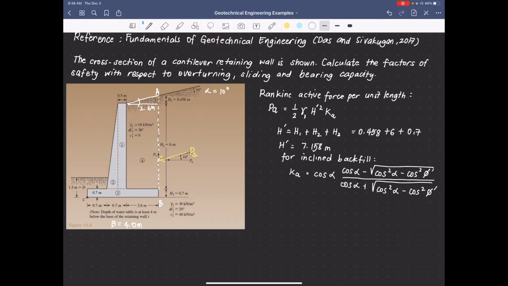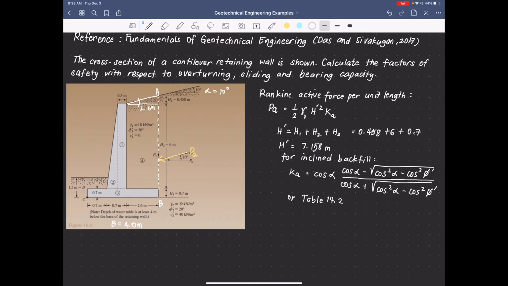Or in the book, you can directly use the table 14.12. There is a relationship of alpha and angle of friction there.